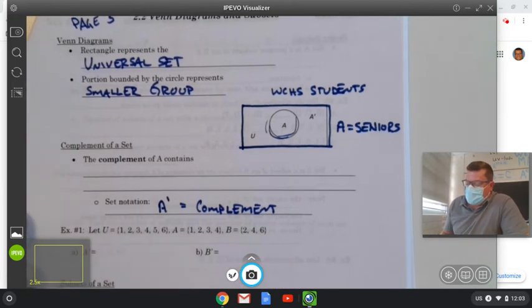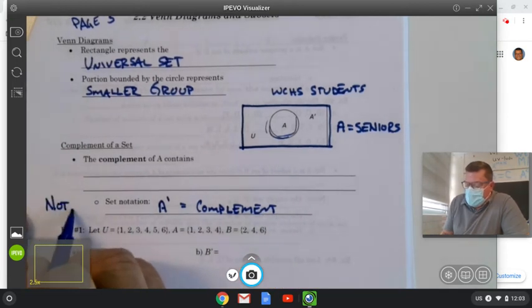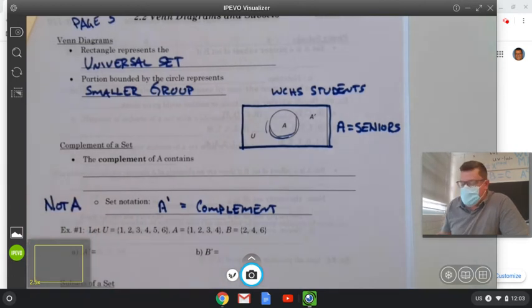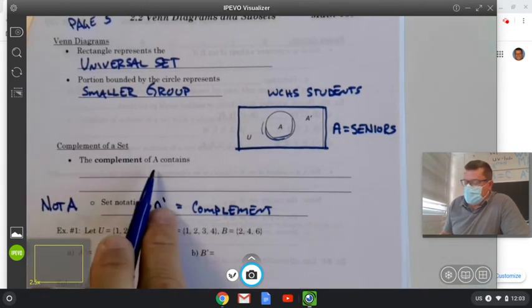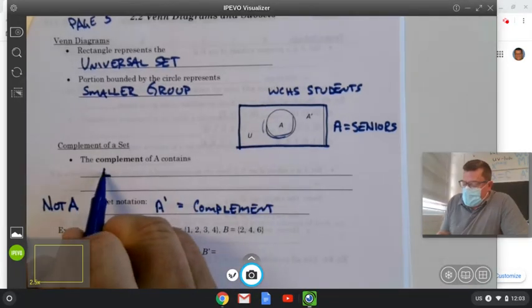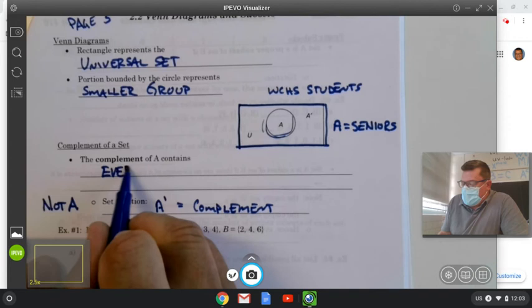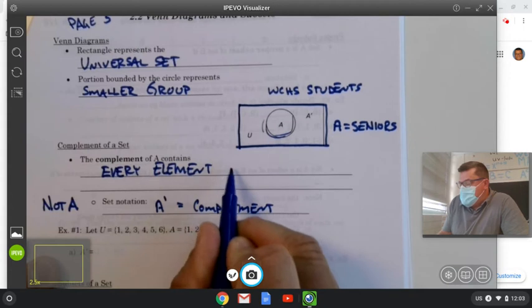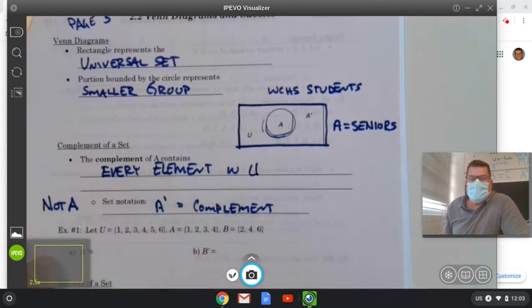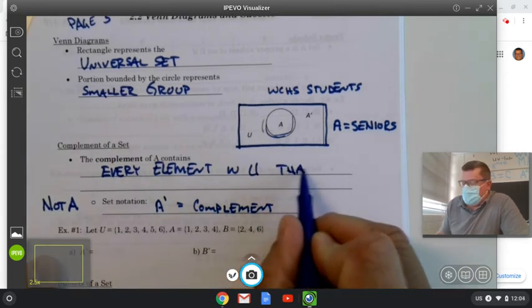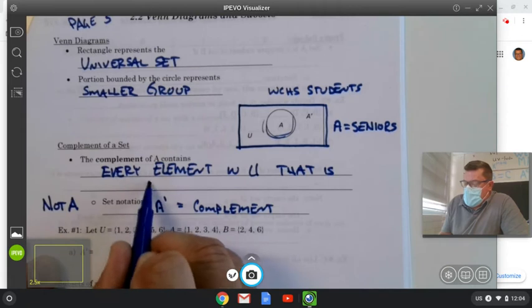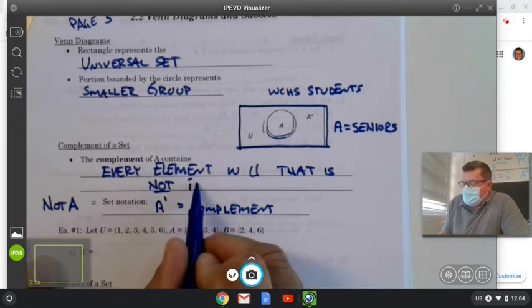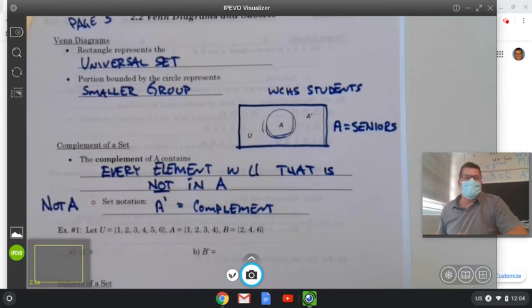And we say it out loud, not in group A, or if you're British, not A. The complement of A contains every element in the universal set that's not in A. Does that make sense? So let's try a couple sample problems here.